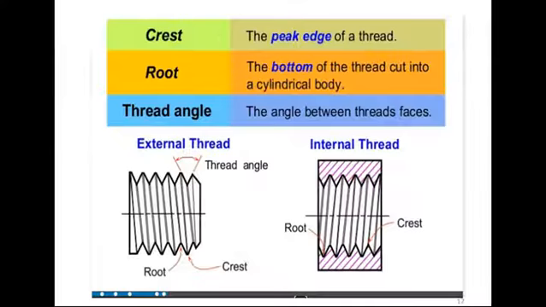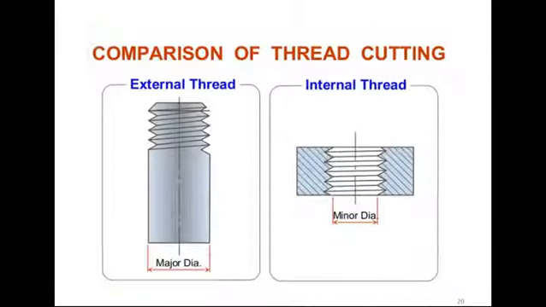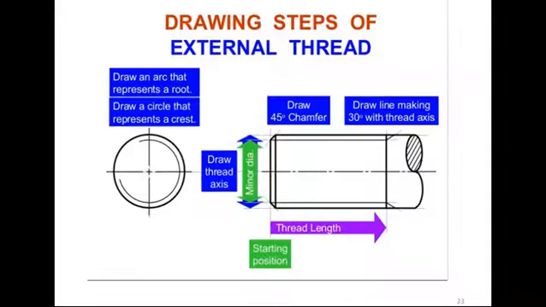Now in this screwed fastener topic, today we are going to see the drawing steps of an external thread. How are we going to draw a thread? Because on paper we want to show the threading. So the drawing steps of external threads are shown here.